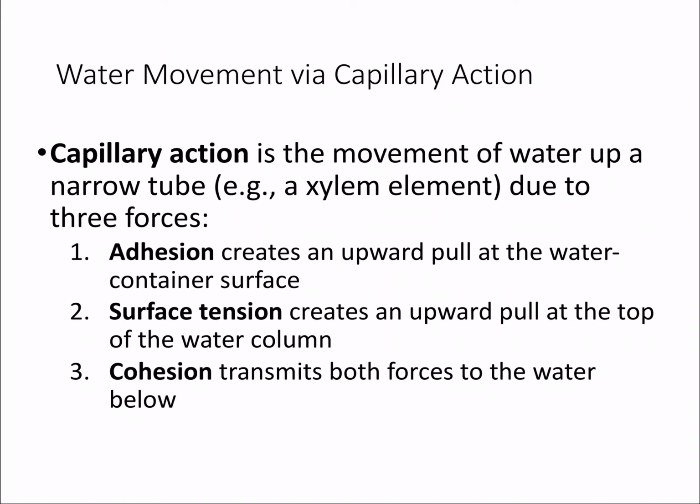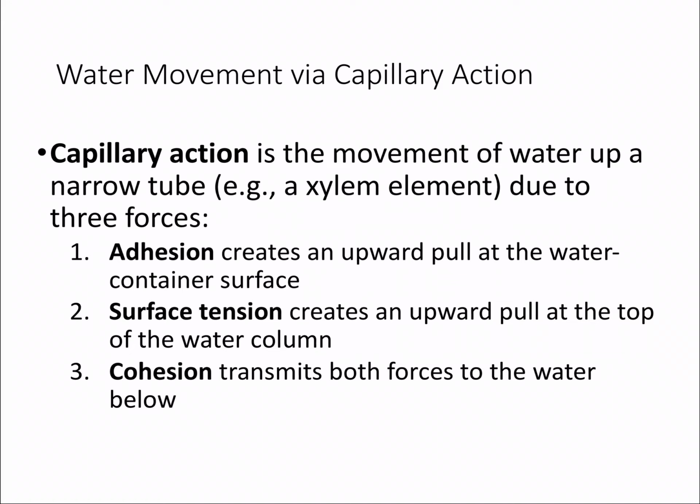In terms of cohesion, transmitting both forces to the water below, this attraction occurs among like molecules such as the hydrogen bonding that occurs in water, and this upward pull by adhesion is transmitted to the rest of the water column. So the water column rises, in this case, against the pull of gravity.